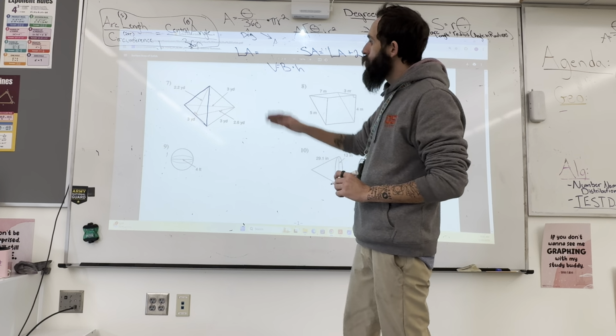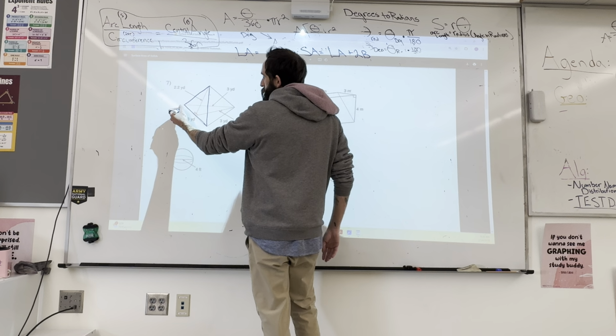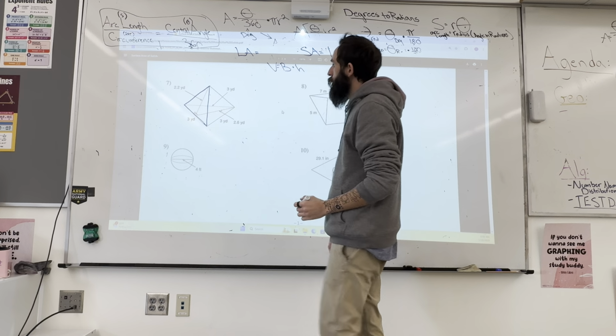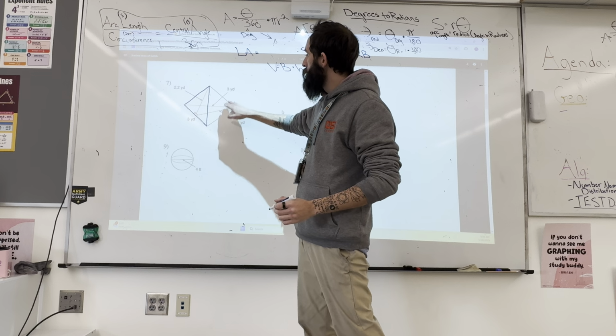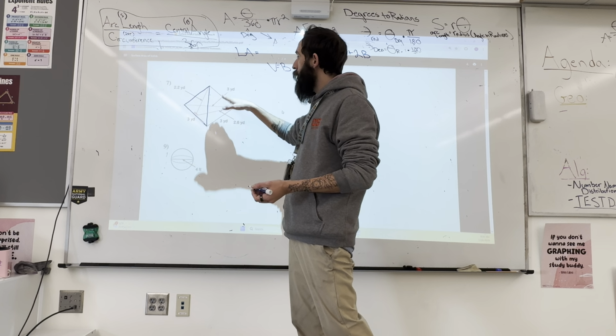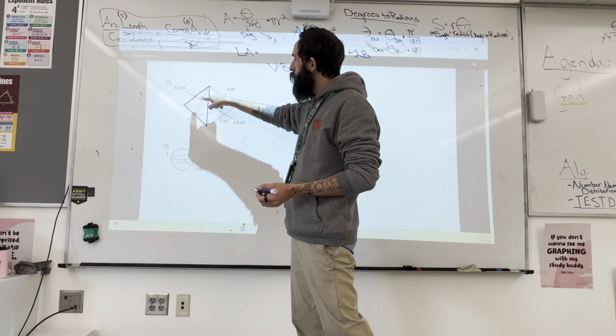So these side triangles, we can see a base of 3 and a height of 2.2. Notice the base of all 3 is 3, and the height of all 3 side walls is this 2.2.